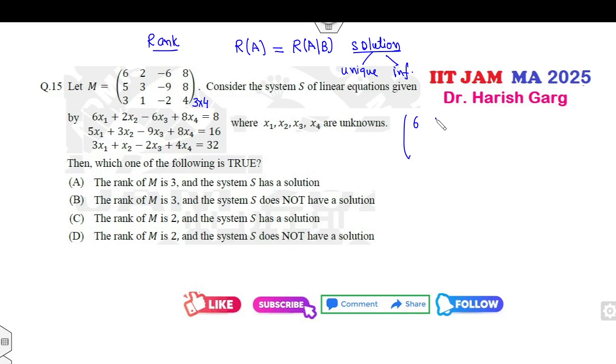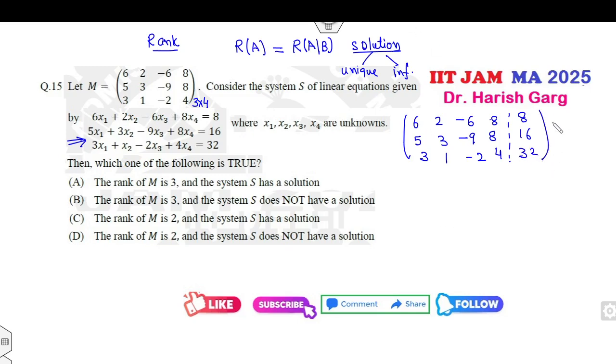It will be 6, 2, minus 6, 8, 5, 3, minus 9, 8, 3, 1, minus 2, 4. And your right hand side will be 8, 16, 32. Fine.